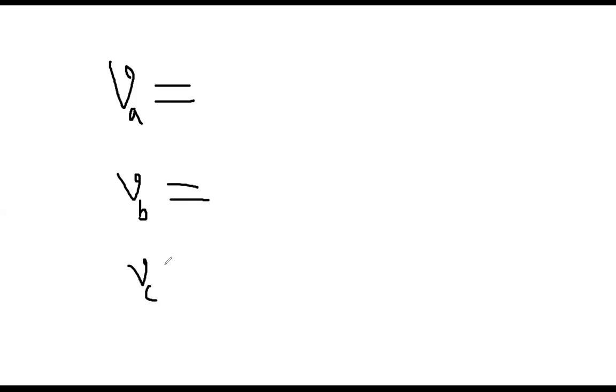This is a three-phase system, but an unbalanced system. But their phase sequence, everybody remember, is ABC. This means this is the positive phase sequence. So this VA, VB, VC are an unbalanced system, but their phase sequence is ABC.